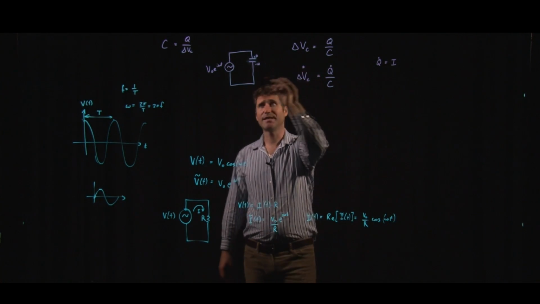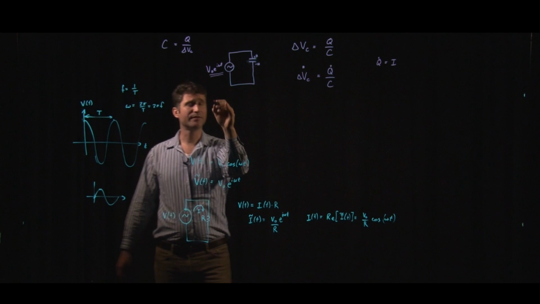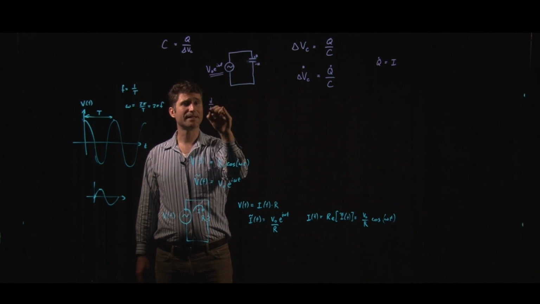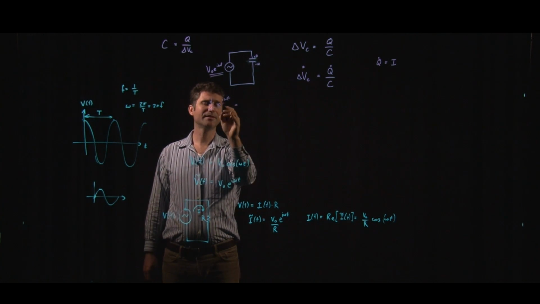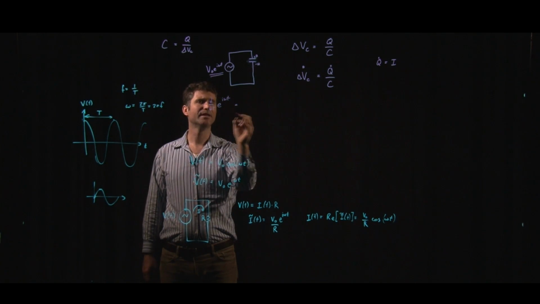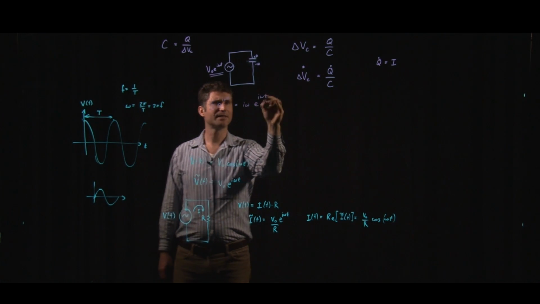And so here, if I take this as my V naught of t, and I did a d by dt of e to the i omega t, what would I get? Well, I would bring down an i omega, and then I'd have e to the i omega t.